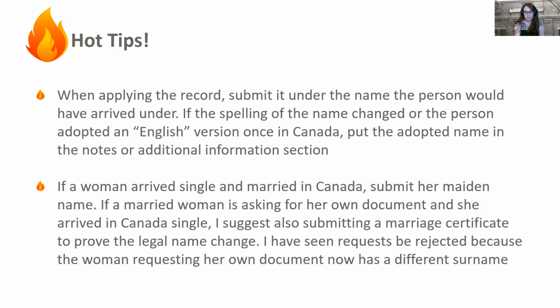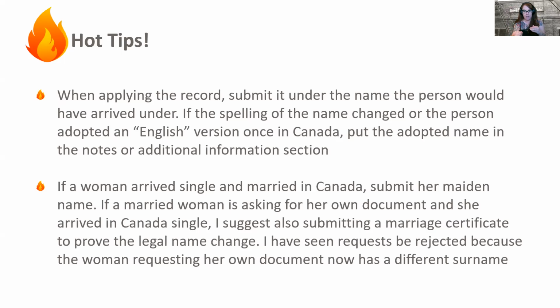For women, if a woman arrives single and married in Canada, you will be looking for her record under her maiden name. However, in the contact information, it's going to be her given name and her married name. And so what the government is going to want is a document that shows that name change from her maiden name to the name she uses today.